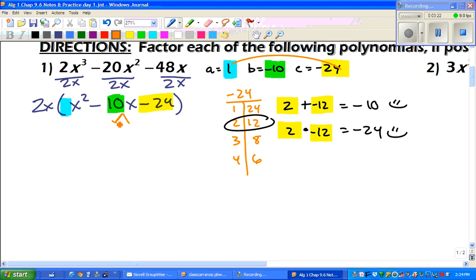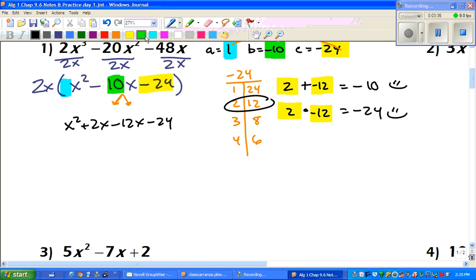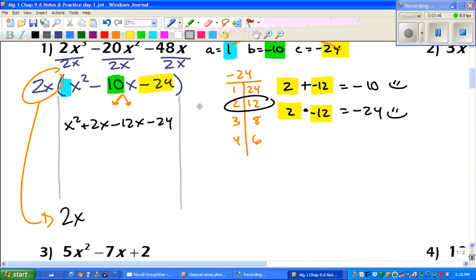So when we split this middle term, we're going to have x squared plus 2x minus 12x minus 24. Now, to help with some of the organization, I'm going to take this 2x and bring it all the way down to my final answer, and I'm just going to worry about what's inside here right now.